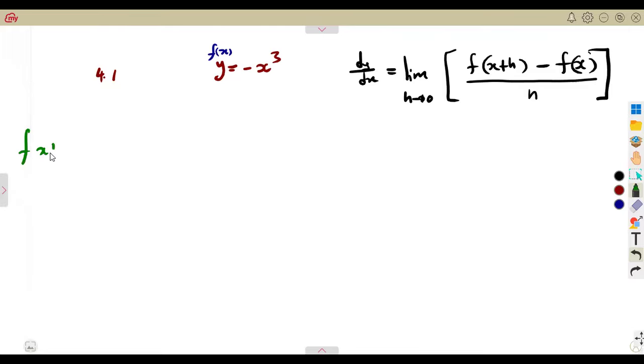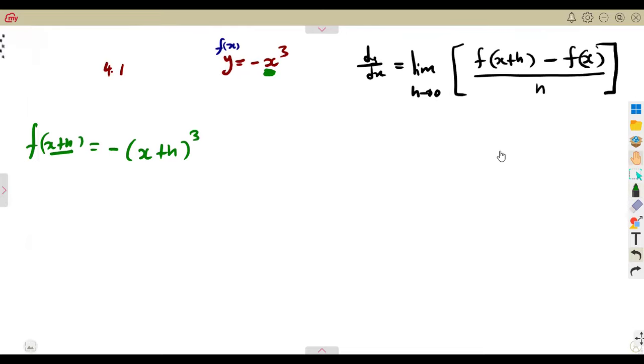Your f of x plus h means where there is x, put x plus h there. So it's going to be minus, you put x plus h, but raised to the exponent of what? 3. So you can simplify it before the substitutions.